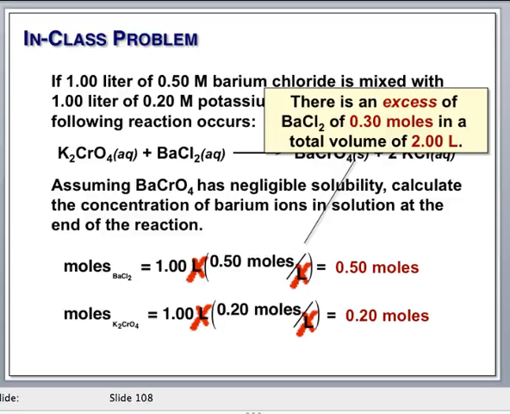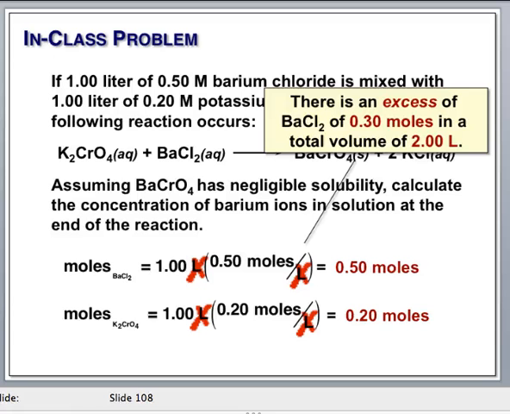Now, the one trick that you have to pay attention to in this type of problem is to remember that we've mixed 2 solutions together here, haven't we? We took 1 liter of each. Our total volume now is 2 liters, right?